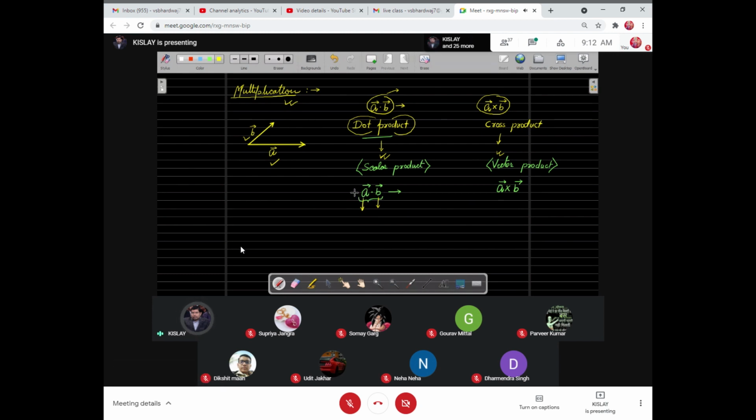Okay, now this is vector A. This is a vector quantity, this is a vector quantity individually, but A dot B, if we write it as C, अगर A dot B को मैं C लिख दूं, तो C will not be a vector.